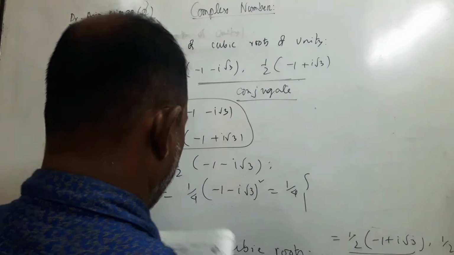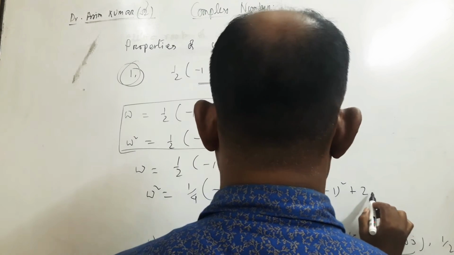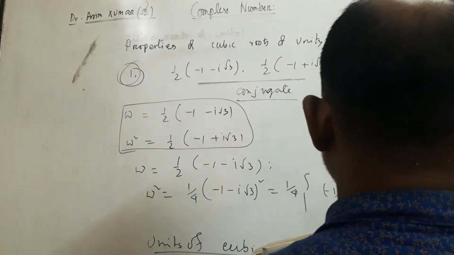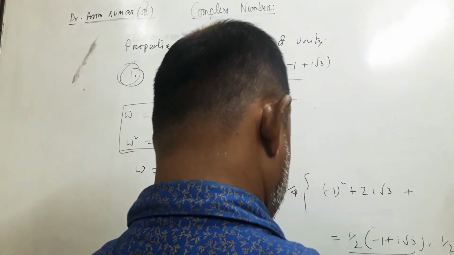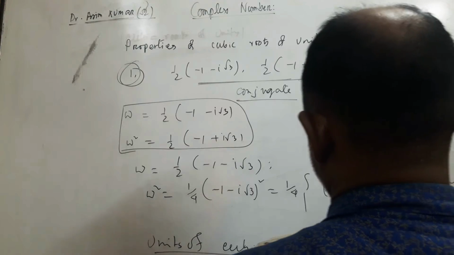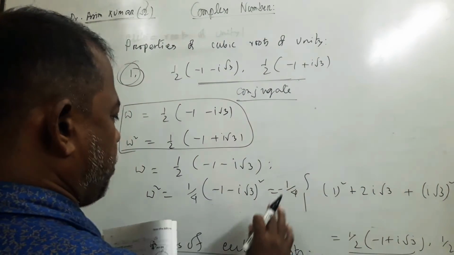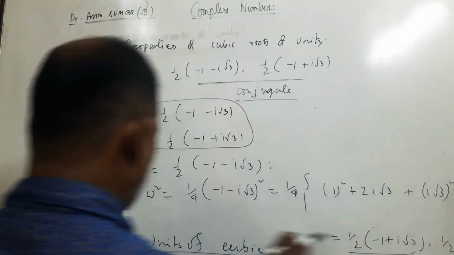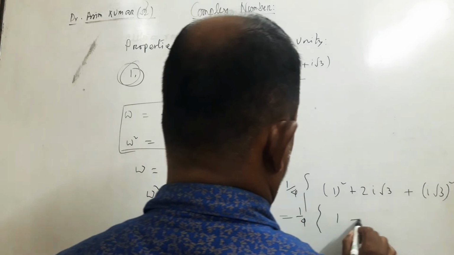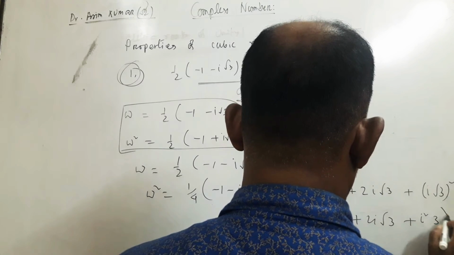Using a squared plus 2ab plus b squared, it is 1 by 4 into (1 plus 2i root 3 plus i squared into 3).